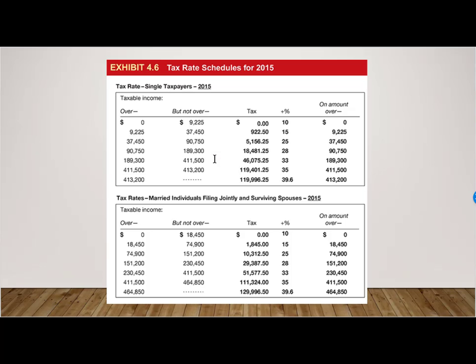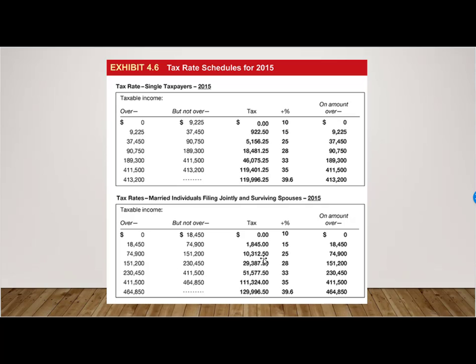So again, this is 2015, so obviously the table's old, but the process is the same. So how do you calculate taxes? So let's say that you are married filing jointly, right? And let's say that you make $80,450. That means you're on this line right here. And if you're on this line, here's the formula.